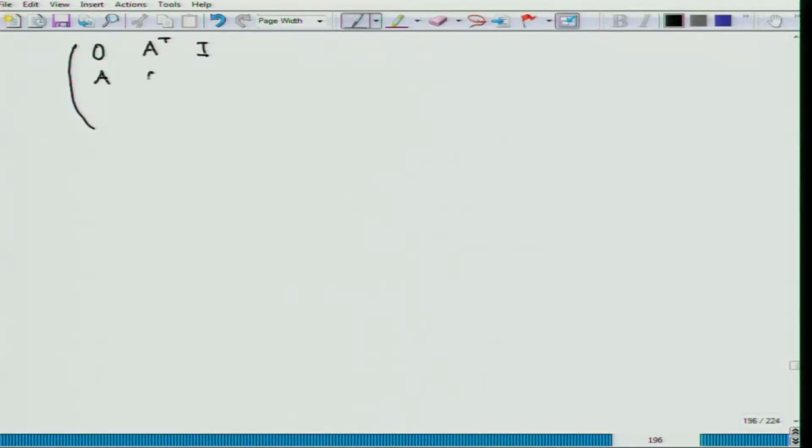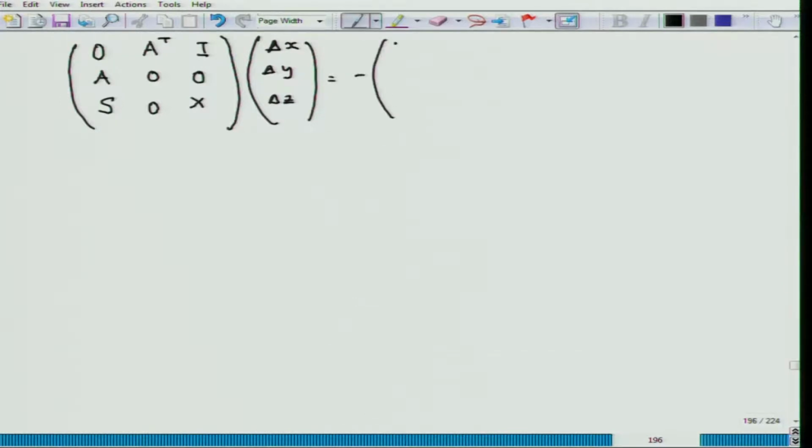Now we will write down the whole system once again and do the step by step computation. This is equal to minus RD, RP, RC.